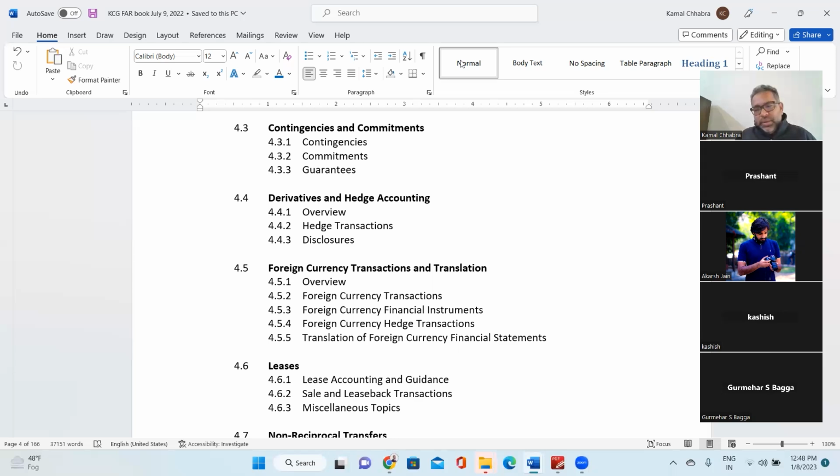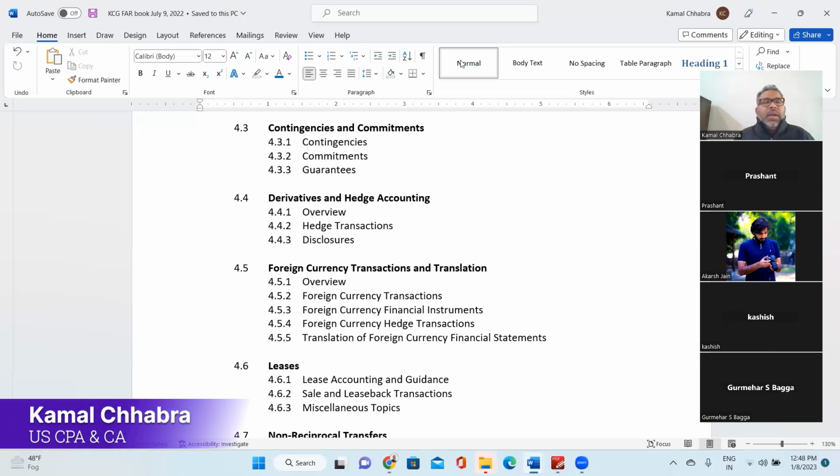There are 3 degrees on which we need to consider the impact of contingency on the financial statement: probable, possible, and remote. If the contingency is probable, then you need to account for the loss and book a journal entry for the estimated loss.